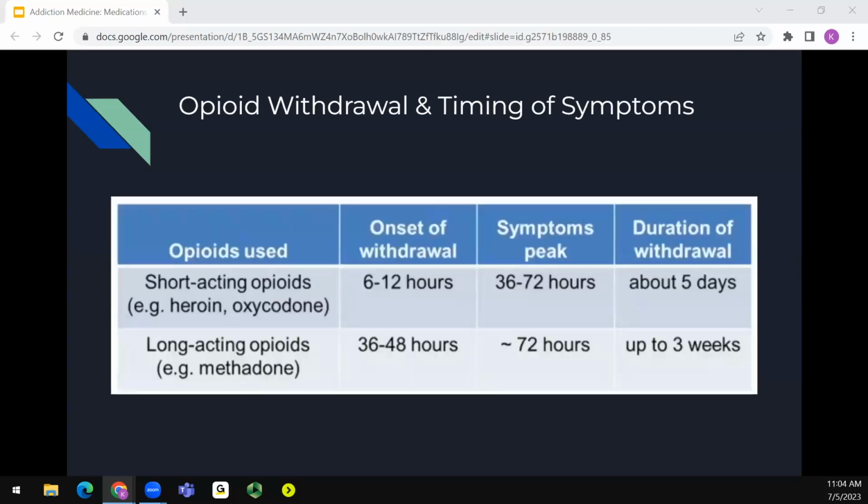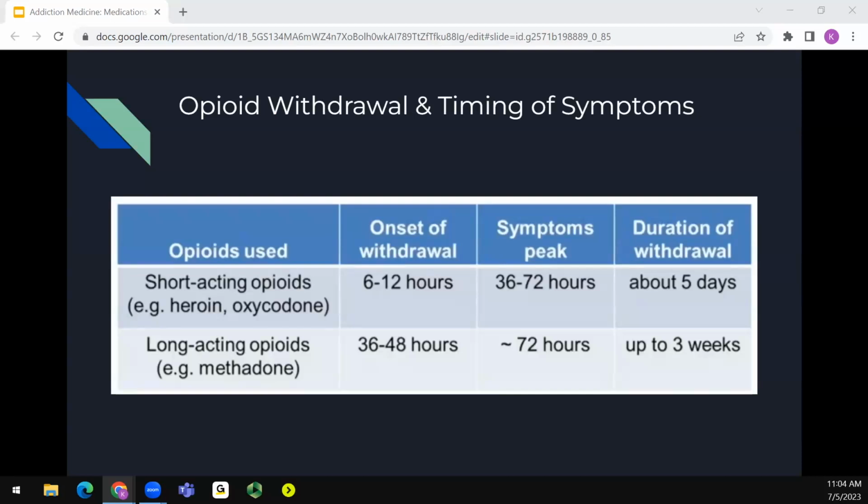All opioids produce similar withdrawal symptoms when stopped abruptly, and the severity varies with the amount and duration of use. With longer acting opioids, symptoms usually begin later and last longer. And so this is important for us to understand when you have a patient and you're asking when their last use was.